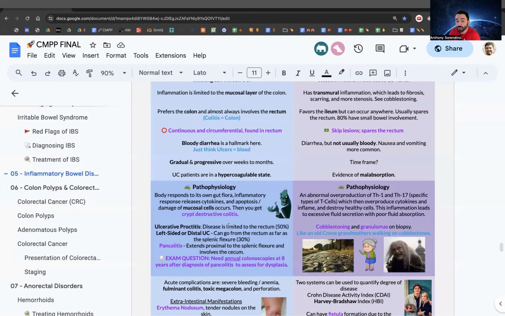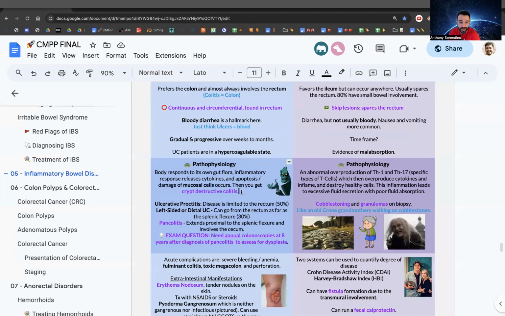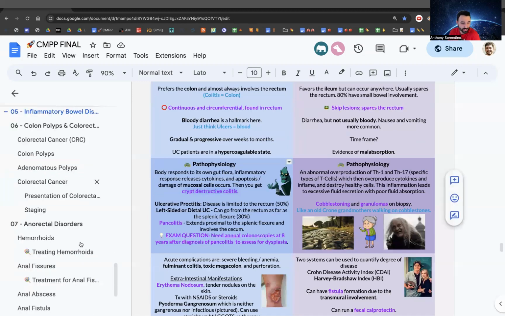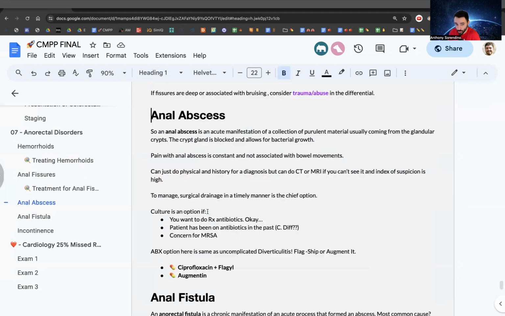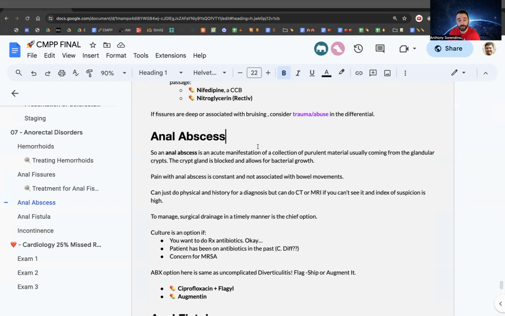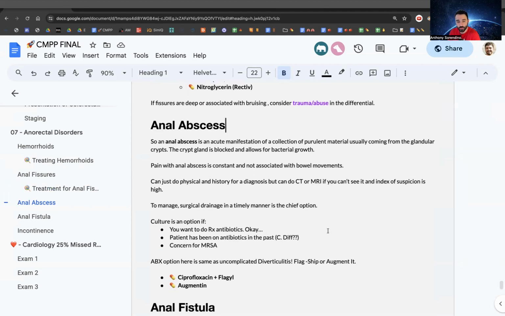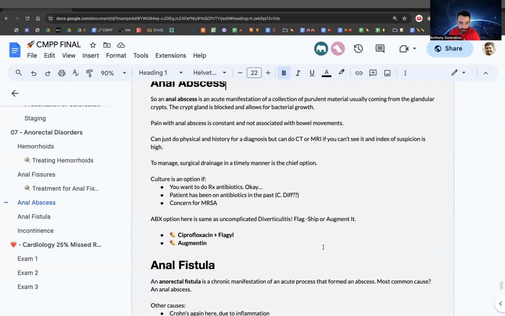Okay, so it's crypt destructive colitis, but that goes with ulcerative colitis. So this is not related. It's just using the word crypt as well, so it made me think of that. So the crypt gland is blocked and allows for bacterial growth, so you're going to get this abscess. To manage this, surgical drainage is going to be the big thing. You can diagnose this with a physical and history.